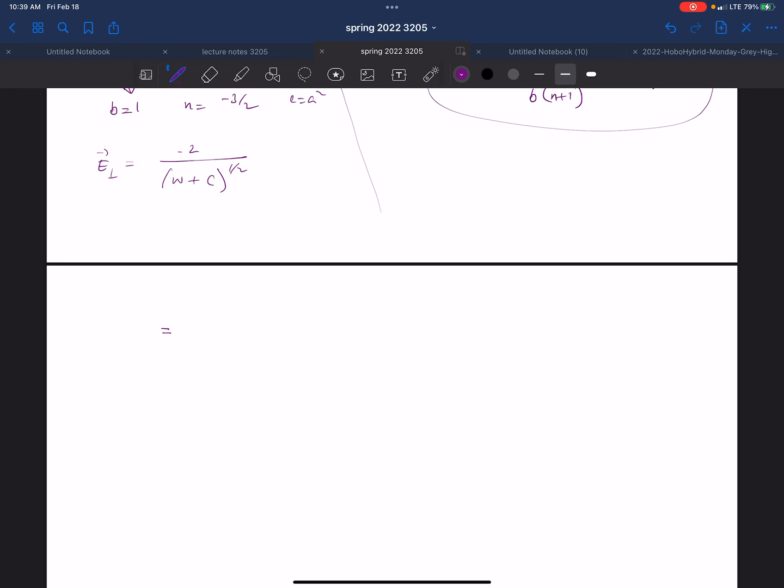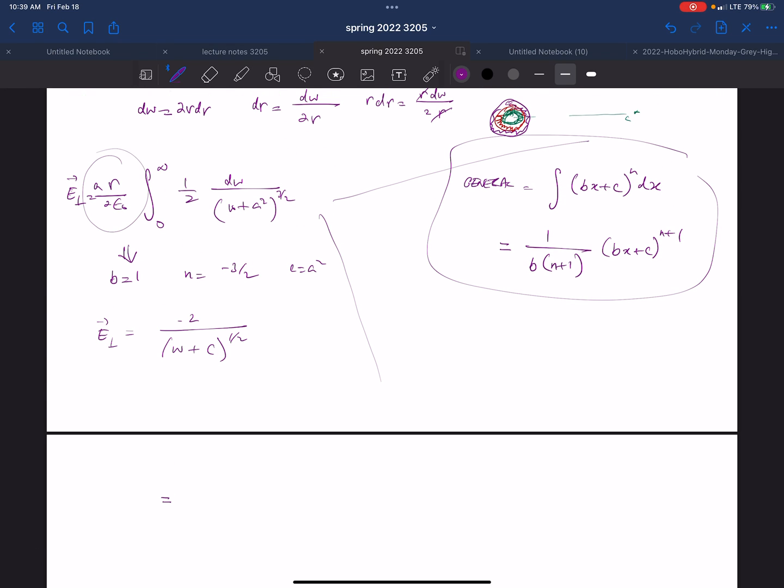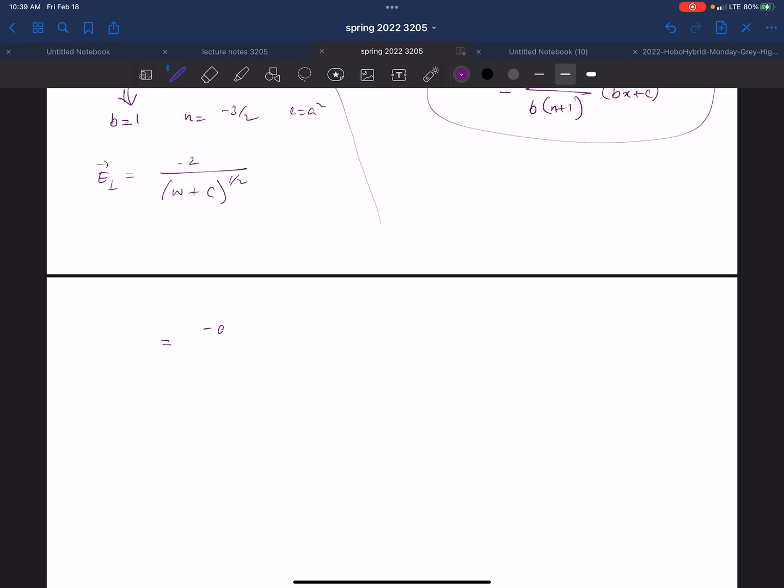With all these goodies and the limits, I end up with minus a sigma over 2 epsilon naught. Not skipping any steps, sorry guys. A sigma over 4 epsilon naught times minus 2 over (1 times w plus a squared) to the 1/2, from 0 to infinity.